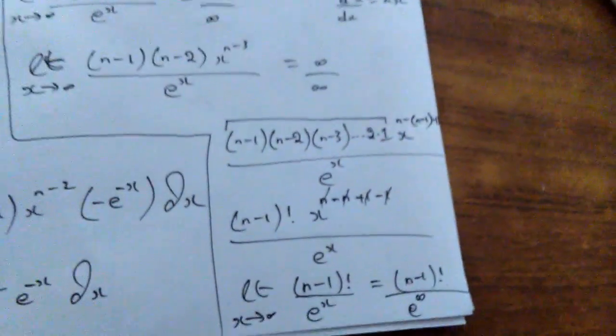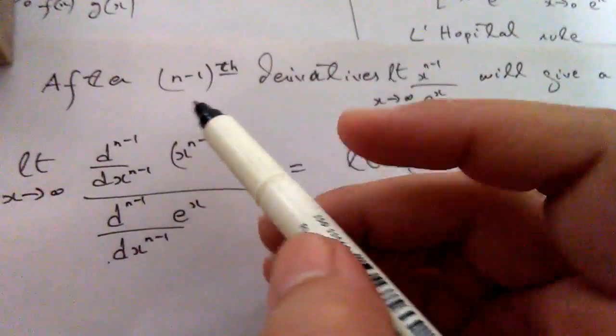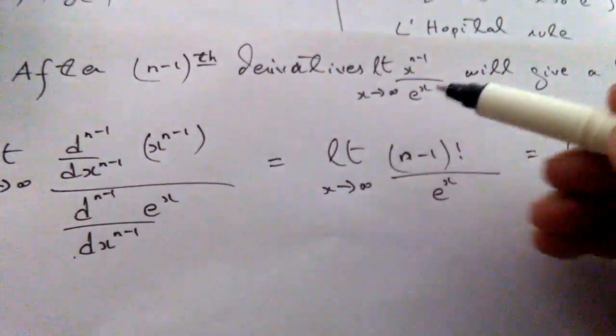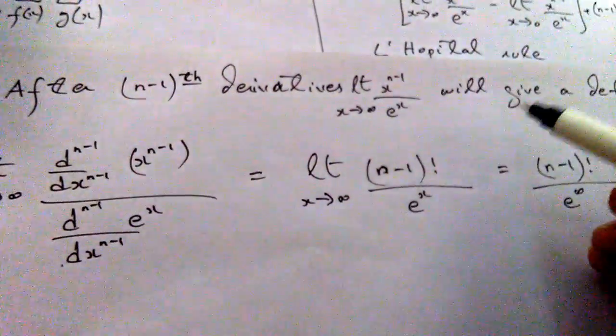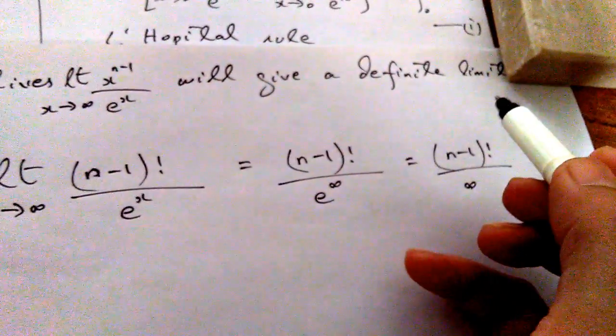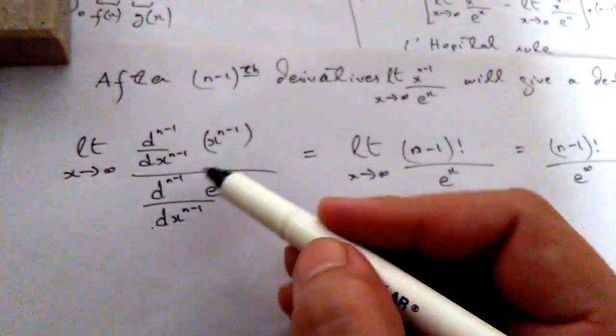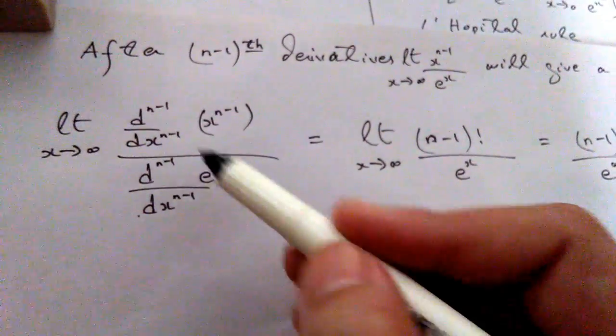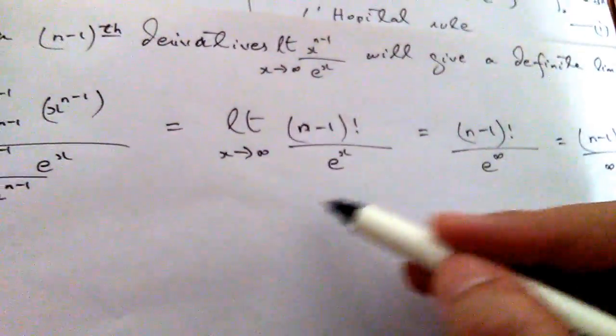Okay, now let me take the next page. This reveals that after taking n minus 1 derivatives on this function, having this limit, we are going to have a definite limit value. Once we take n minus 1 derivatives in the numerator and the denominator respectively, we have this form.